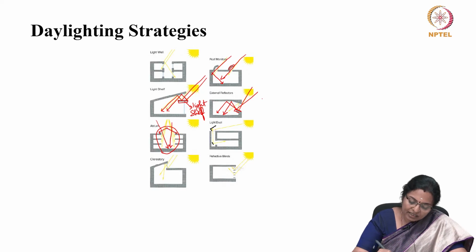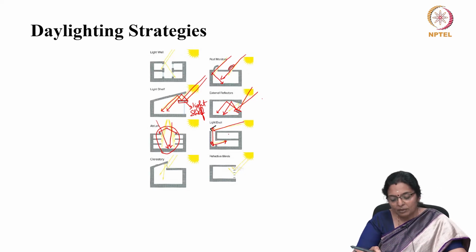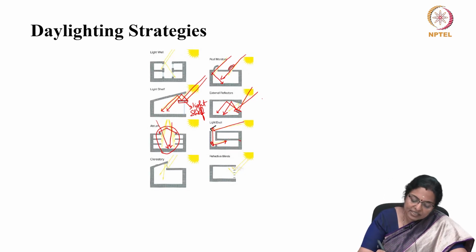Light ducts are another form of roof monitors, but they allow the light to reflect with the help of reflectors and bring in light into spaces that have no openings or no access to openings.